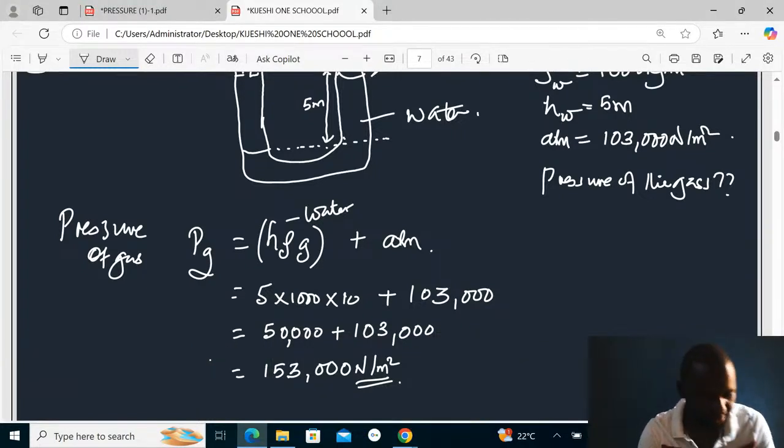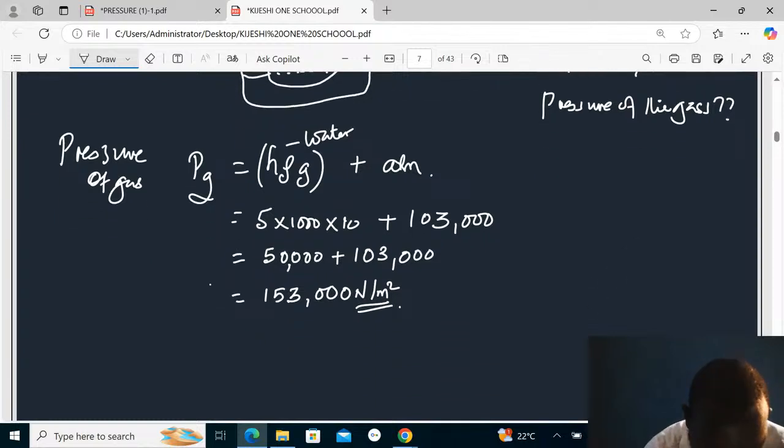I can give the final example, which is also giving some trickiness to know at what time should you say it is plus atmospheric pressure or it is atmospheric pressure minus. So now you can have the second case. The second case is like this.